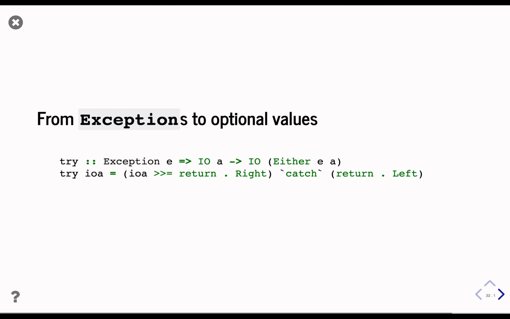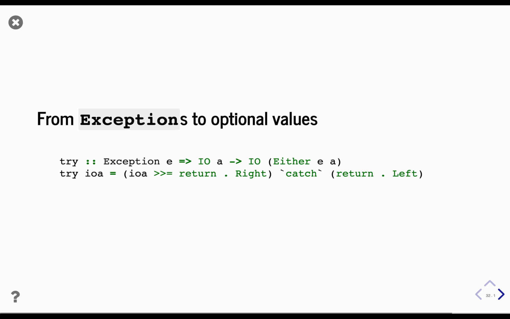But if something goes wrong, catch, we capture all the exceptions of type e and return them using the Left constructor. And same as before, if the raised exception is of a type different than e, it will keep propagating.